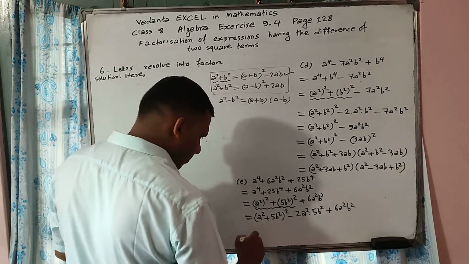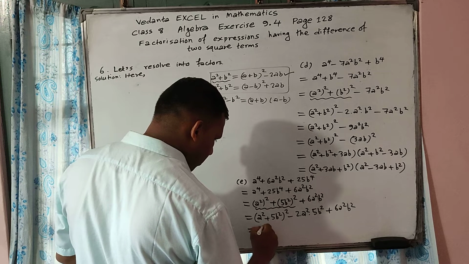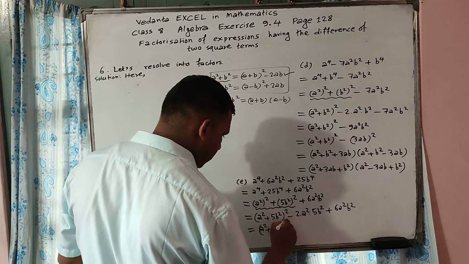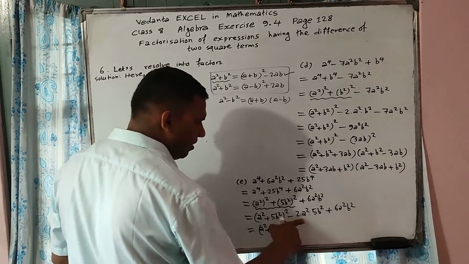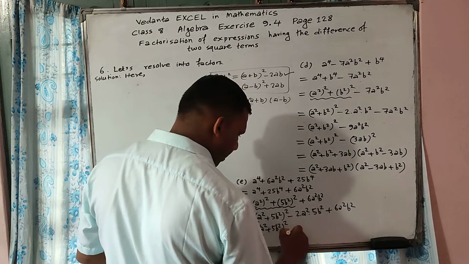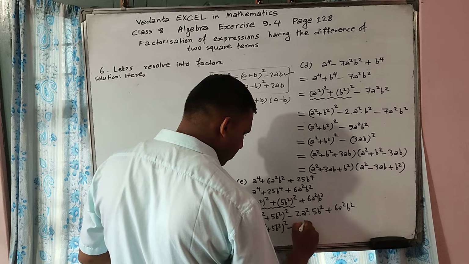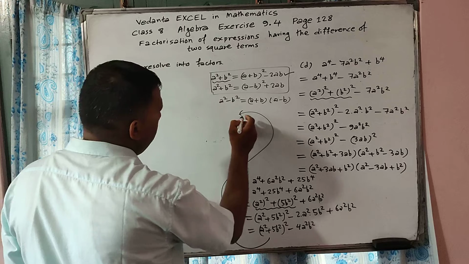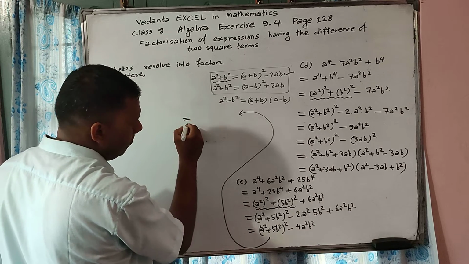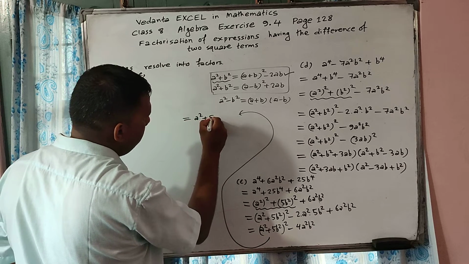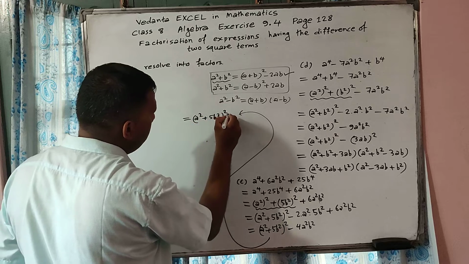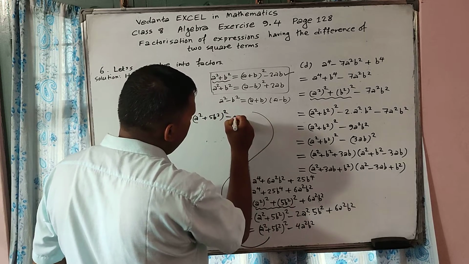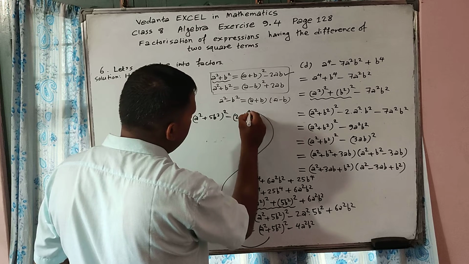Then this equals (a² + 5b²)² − 10 + 6, remaining −4, so −4a²b². This equals (a² + 5b²)² − 4a²b², that is (2ab)².